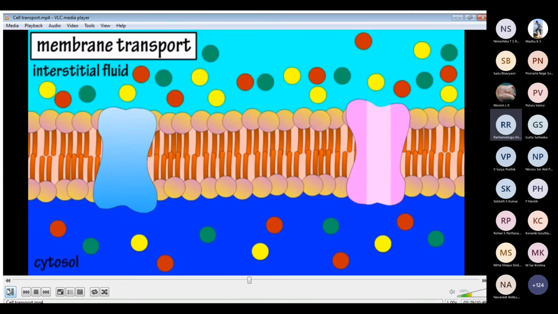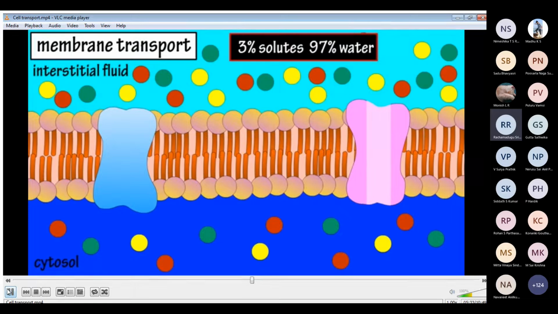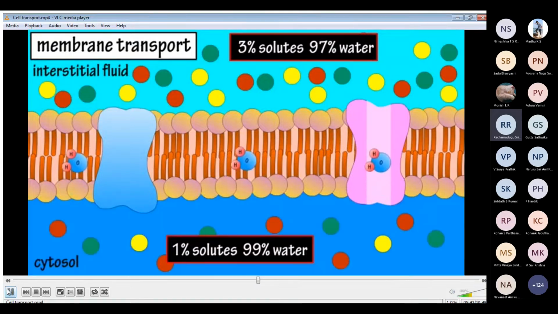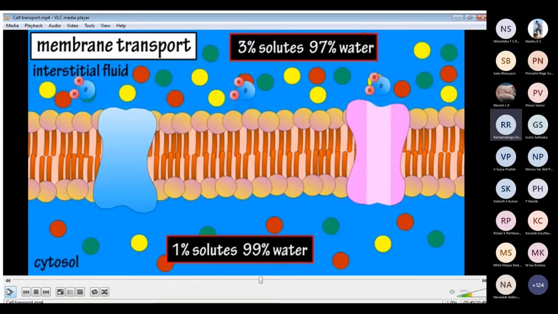Let's say the interstitial fluid has 3% solutes and 97% water, and the cytosol side has 1% solutes and 99% water. In this example, water will move down its concentration gradient from the 99% cytosol side to the 97% interstitial. So see, already if you remember, I have told you water can move in two ways, either directly across the membrane or through these proteins also.